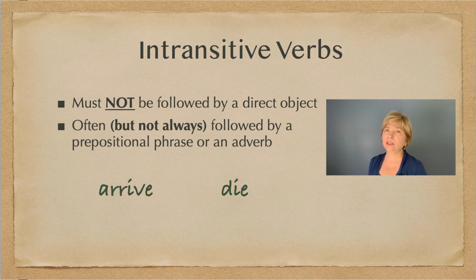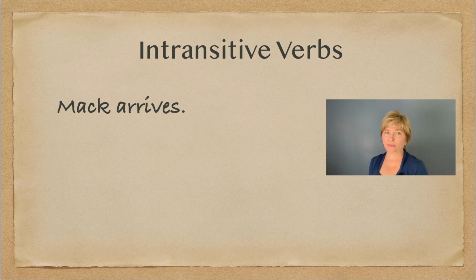I'll explain here with this example. If I say to you, Mac arrives, the question to determine whether this verb is transitive or intransitive is, who or what does Mac arrive? That doesn't make sense. Don't forget, it's what or who. You can't use any other WH questions. So, Mac arrives what?